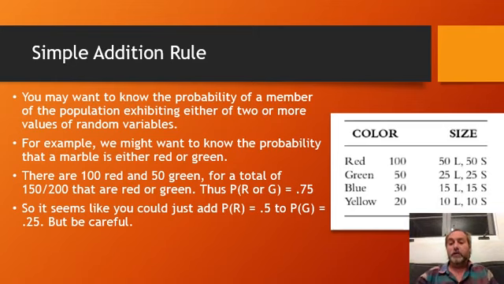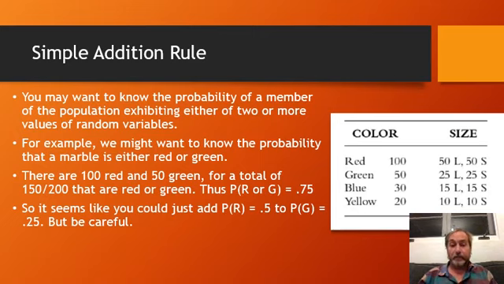So here are a few operations that you can do with these probabilities. Maybe you want to know the probability of a member of the population exhibiting either of two or even more values of random variables. For example, maybe I want to know the probability that a marble is either red or green.